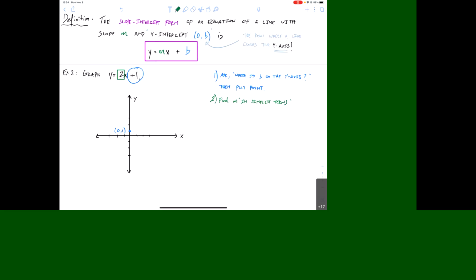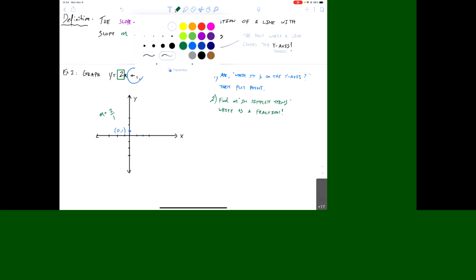So in simplest terms, write as a fraction, because it's going to help you. So here in our case, m is not just 2, it's 2 over 1.